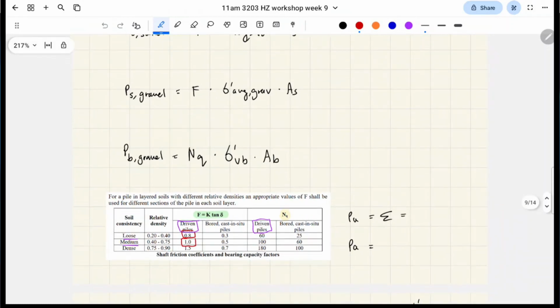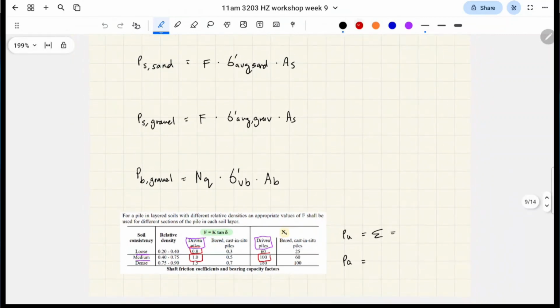From the NQ side of the table, we only care about the NQ value at the base, which sits in the gravel layer. So we only care about the value 100 and not 60. Let's see how that plugs in. This top one will be 0.8, this one will be 1, NQ will be 100.